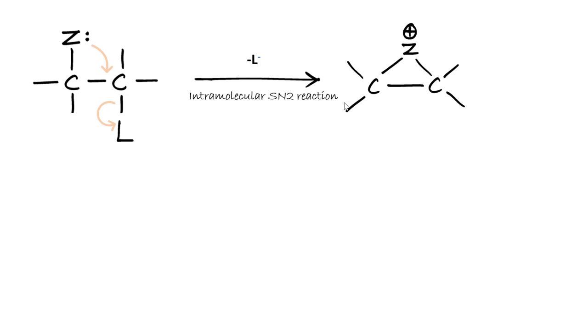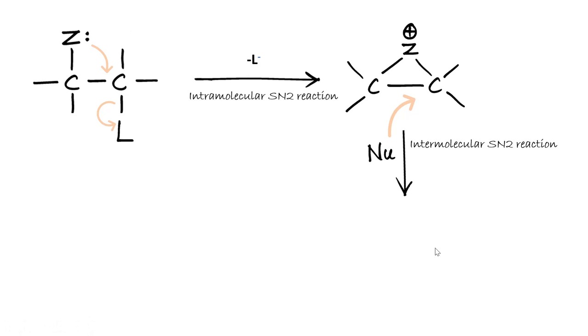After the first intramolecular SN2 reaction, the mechanism is followed by a second SN2 reaction, which is an intermolecular SN2 reaction, meaning an outer nucleophile will attack this carbon. Now there are two possibilities: this nucleophile may attack this carbon or it may attack this carbon. As it is a symmetrical structure, let's say the nucleophile attacks this carbon.